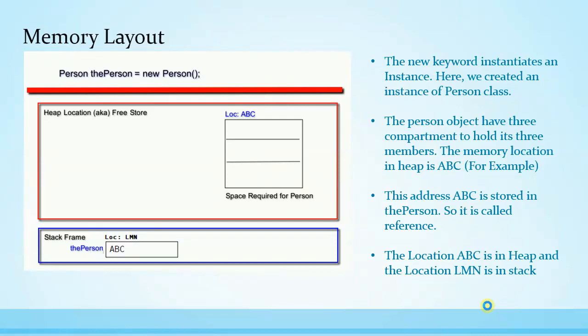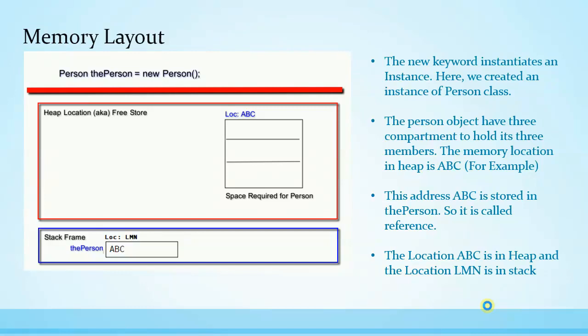Since integer is a primitive type, it will get stored in the slot here in the heap itself. Since a string is not a primitive type, it will get allocated in a different place, and that address gets stored in the next two slots. We will see more about that in the next video. But for now, you can remember that the memory for Person is allocated in the heap.